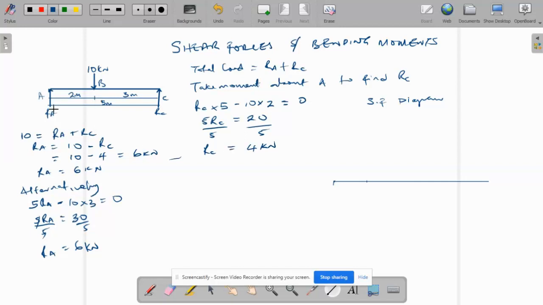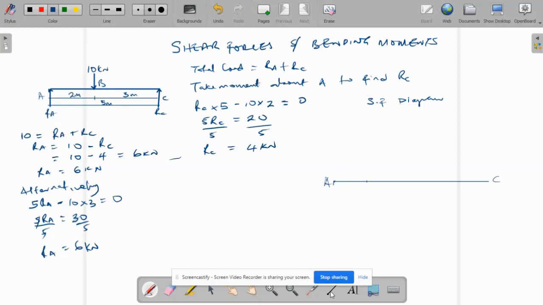is we consider that this is point A, and this is point C. So what we need to do next is, this load is acting upward, so we have a line going upward.